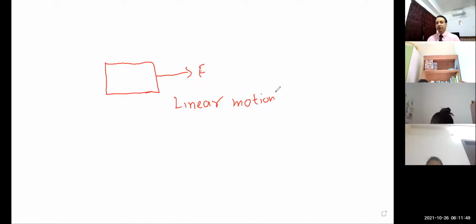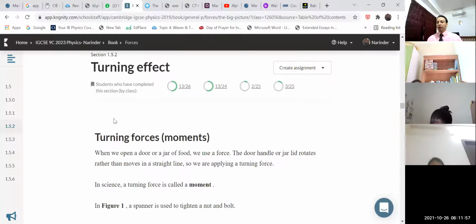When you apply a force on an object, will that object always move in a straight line? If you're thinking yes, then your answer is wrong. If you're thinking no, then you are right: a force does not necessarily make an object move in a linear path.